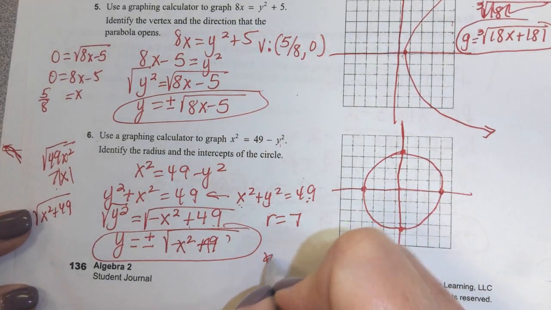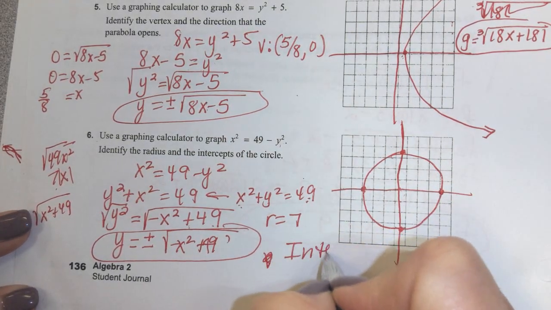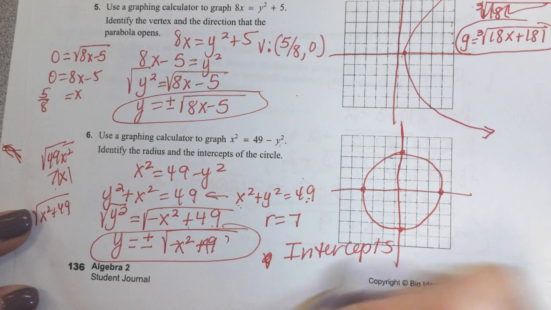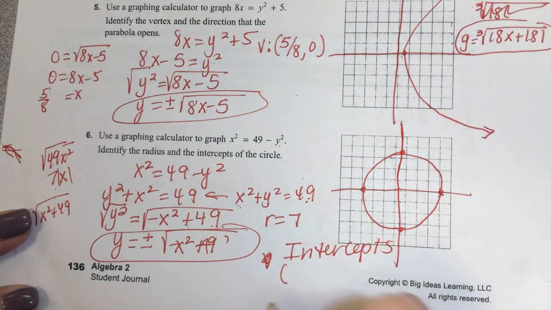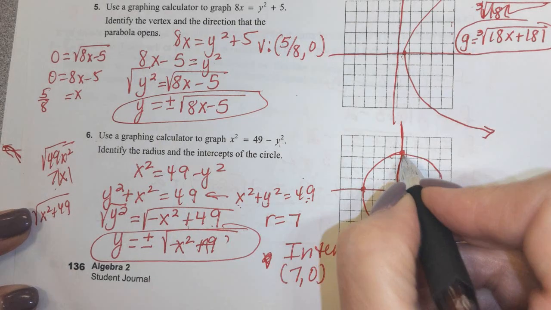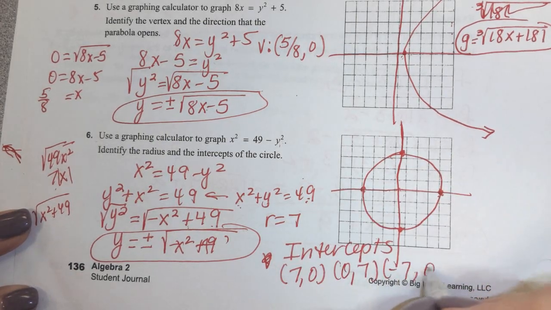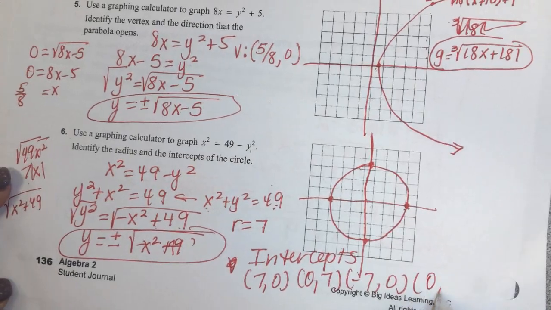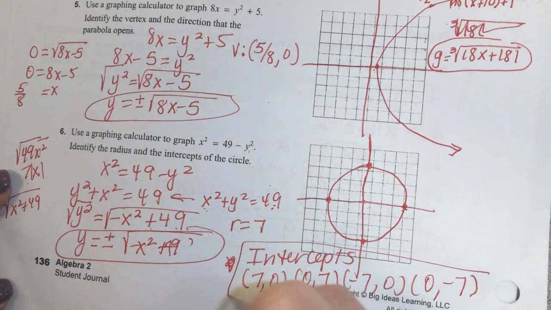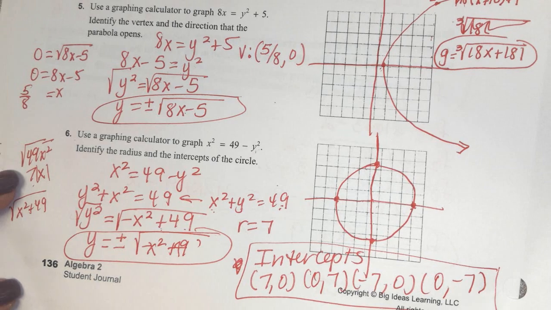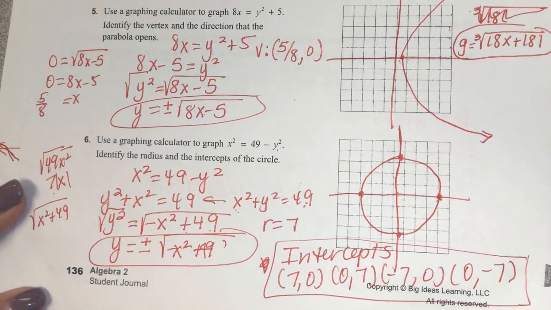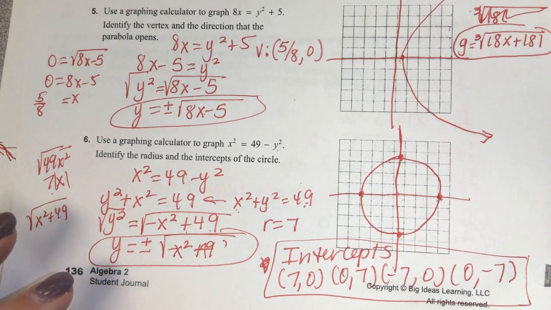Okay, and so the intercepts are going to be, right here is an intercept, (7, 0), here's (0, 7), here's (negative 7, 0), and here's (0, negative 7). All right, that's all there is for that section.